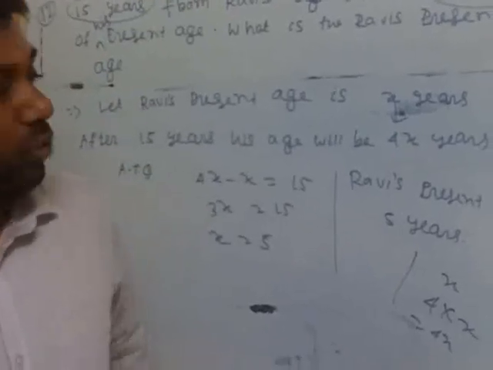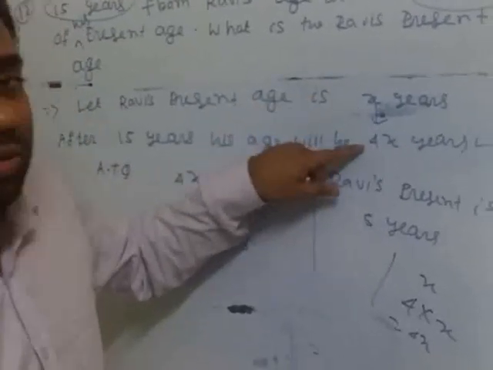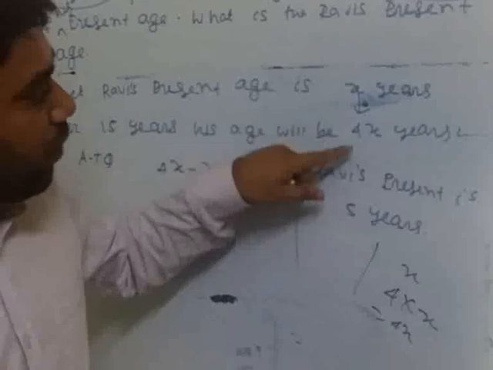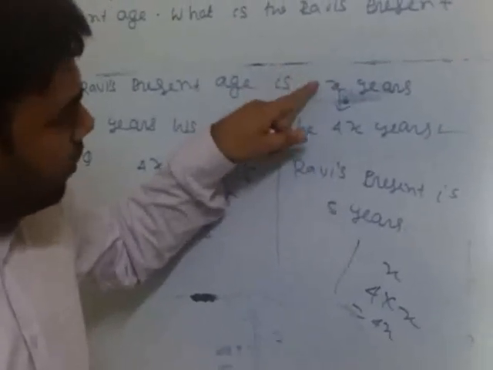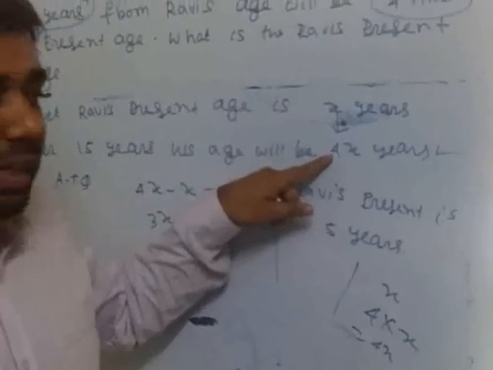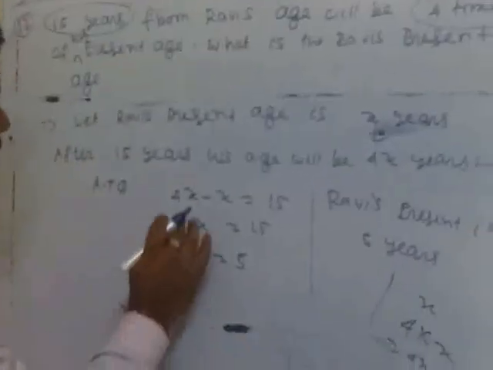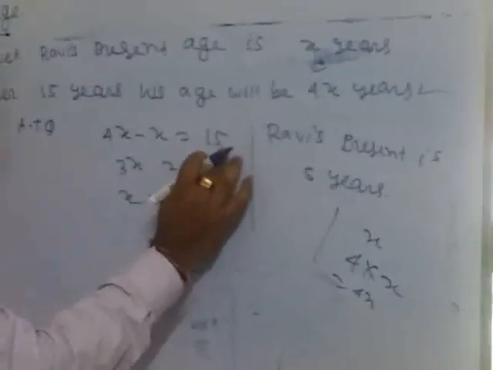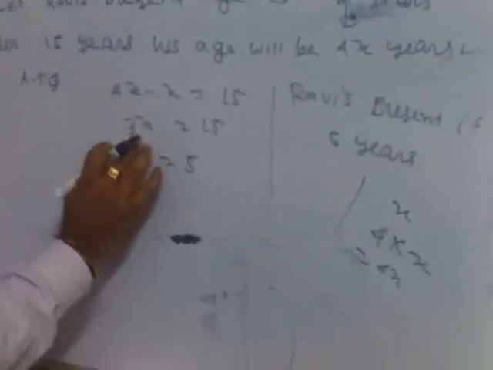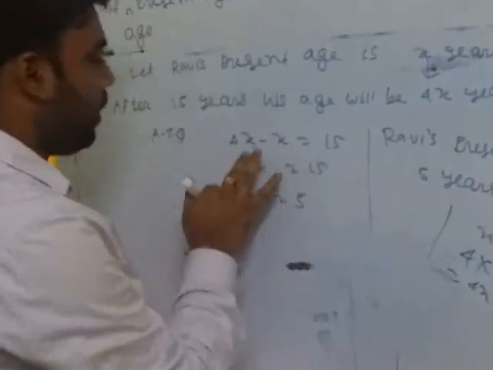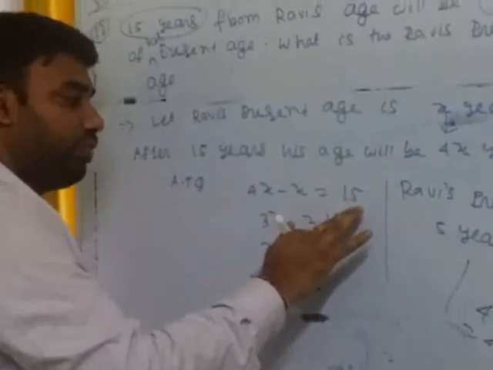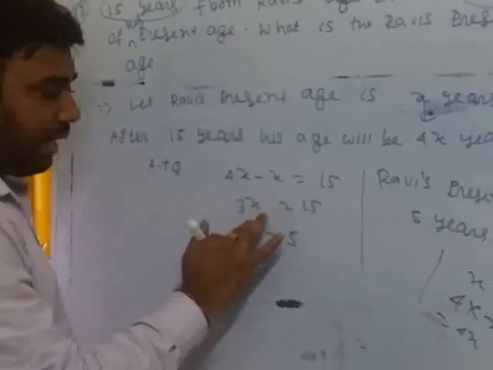So the difference between these two is 15. That's why 4X minus X equals 15, that is 3X.